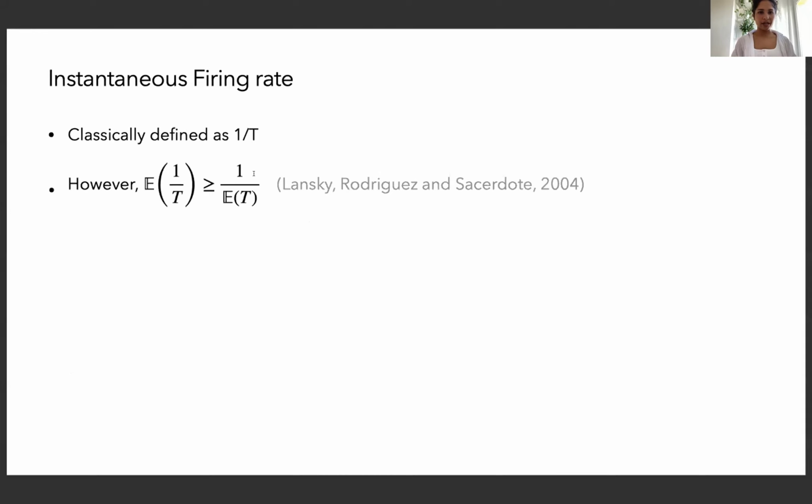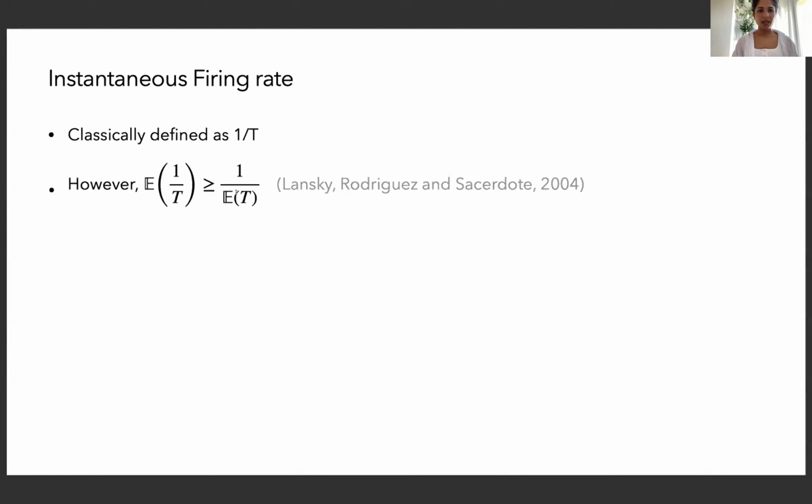This is the mean firing rate, and it also equals the point process intensity. So this is the inequality that persists, and that's why you can't use the mean of the instantaneous firing rate in place of the mean firing rate generally.